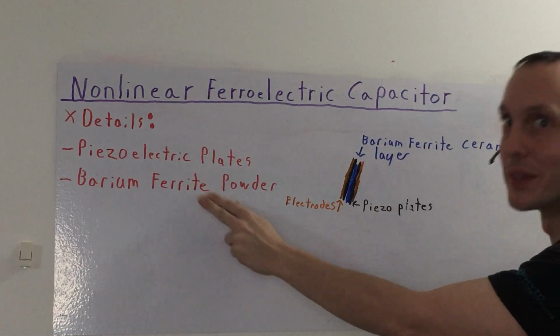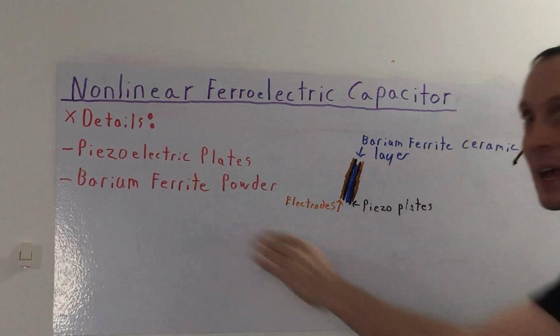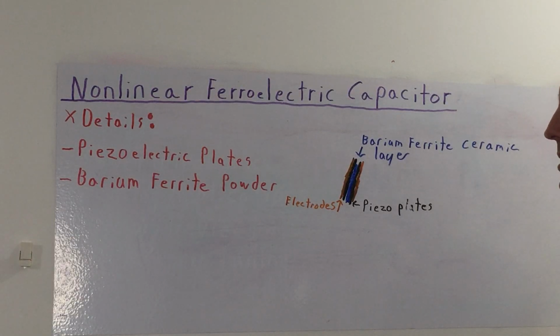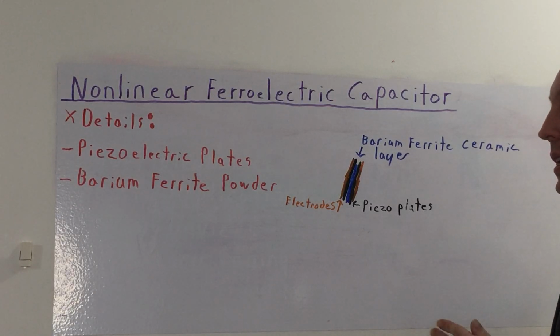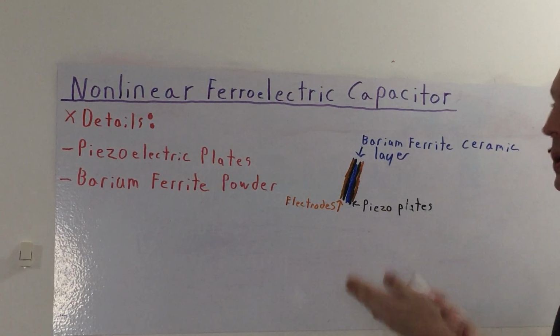Beardini talked a lot about this with the barium ferrite. It's got memory, folks. So in some applications, the use of piezoelectric plates might be to introduce a controllable mechanical aspect to an otherwise purely electrical component.